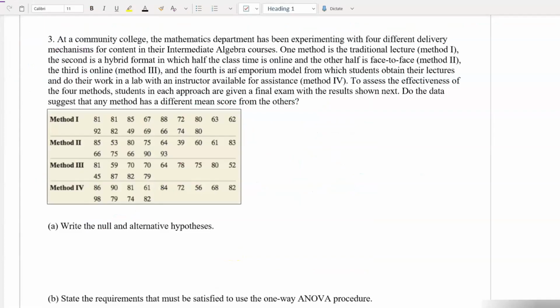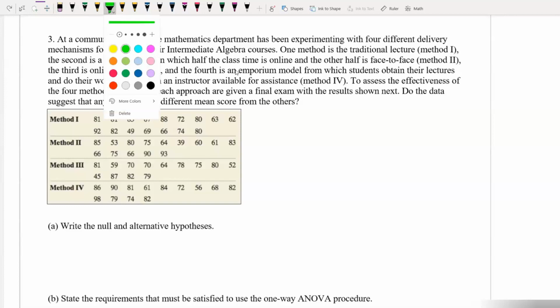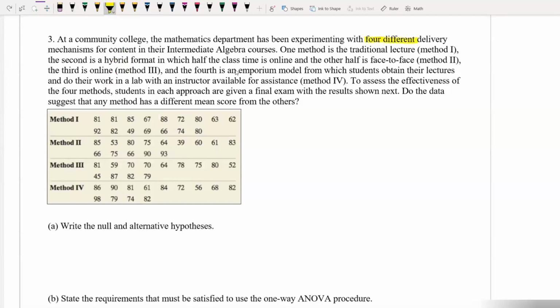Community college mathematics department has been experimenting with 4 different delivery mechanisms. So here we have 4 different methods. You can see them here on this table. We have method 1, 2, 3, 4.